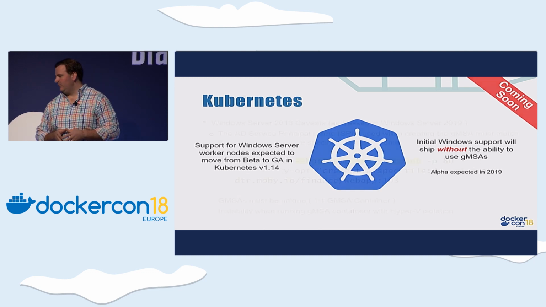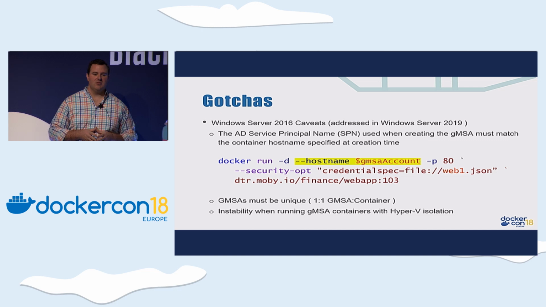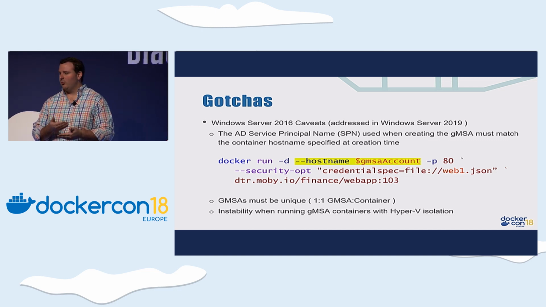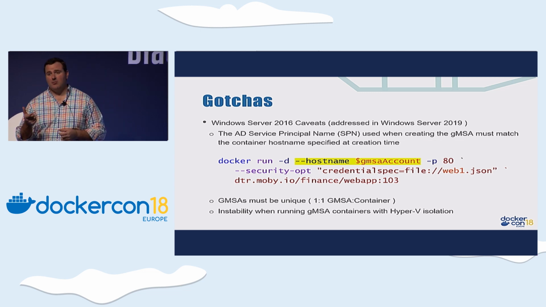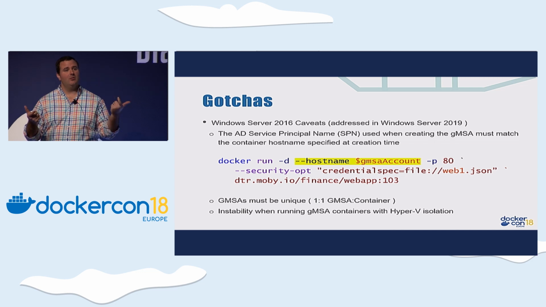And then finally, some other gotchas to mention. Right now, you'll notice that when we were doing docker run in those PowerShell statements, we always loaded in with a --hostname. That's because in the Server 2016 era, which most of us are still in, we needed to match the host name that the container is running as with the name of the gMSA.